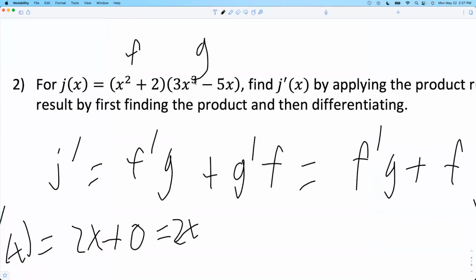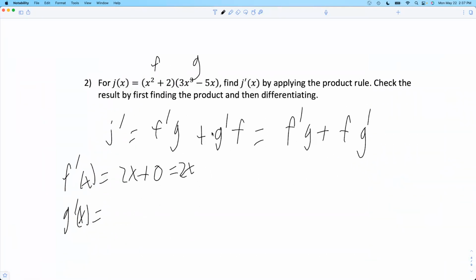G prime of x. I kind of root through and I'm trying to see what I got there. That's a 3. The derivative of 3x cubed will be 3 times 3, 9, x squared. So the 3 came down and multiplied this 3, and then the exponent went down by 1. Minus derivative of 5x.